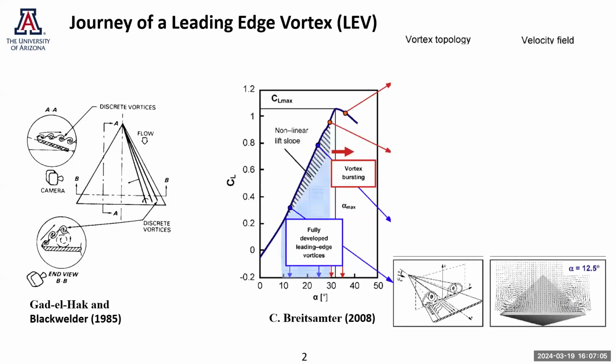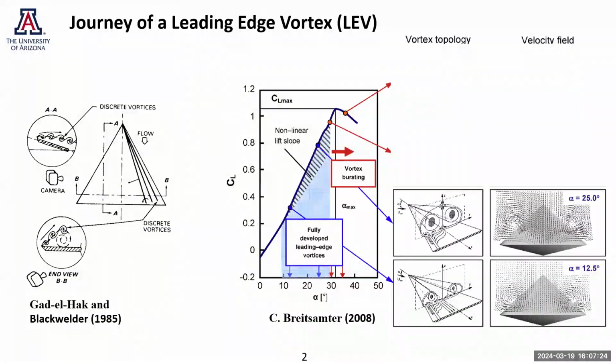Here is a plot of CL, the lift coefficient, versus alpha. At low to moderate alpha, these KH vortices roll up into vortical structures and progress. When we go to a bit higher alpha, we reach a point where these vortical structures become large enough that one structure occupies approximately the half span of the wing.